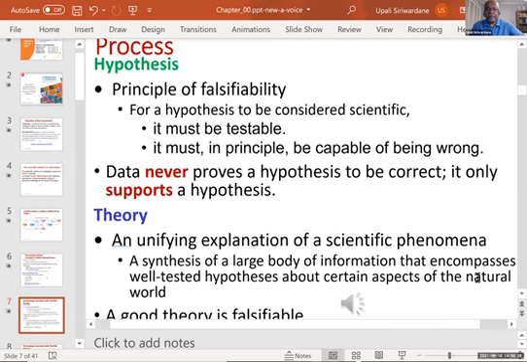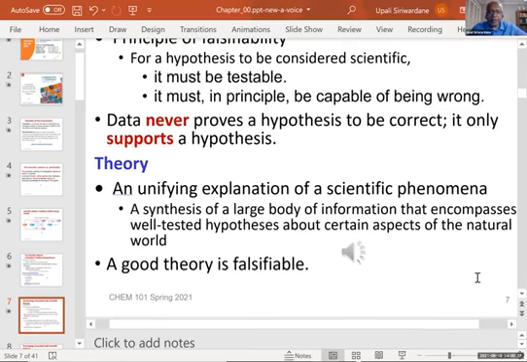Then you create a theory to explain everything belonging to a similar field. Matter is composed of atoms and molecules. Matter could be solids, liquids, and gases, like that.